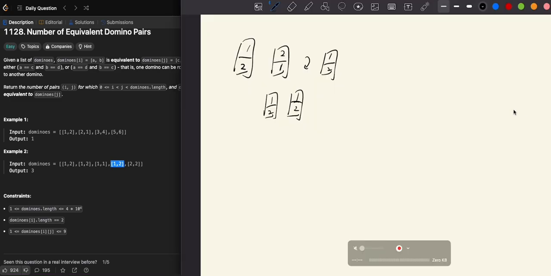If you have 3 of the same, well, maybe I'll draw it out. If you have n of the same domino, how many pairs can you actually form? Well, you can form n choose 2. So n choose 2 basically means you have n items, and you want to find out how many ways to choose 2 of them.